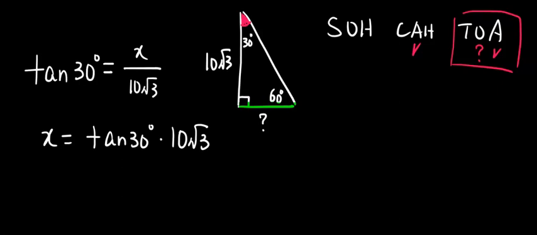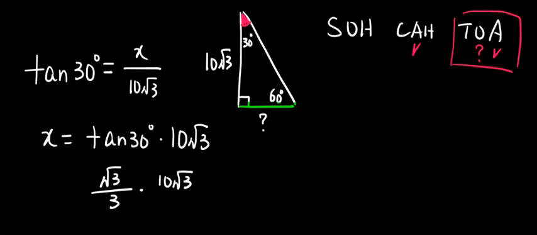We're going to use the exact value of tangent 30, which is square root 3 over 3. How do we get it? When we go deeper into trigonometry, I will show you how to find this. But for now, we remember it, and I can provide this exact value for tangent 30, square root 3 over 3. That is tangent 30 times 10 square root 3.